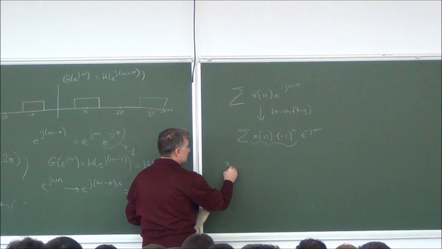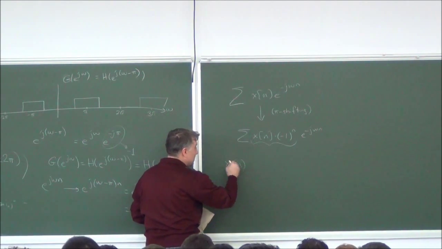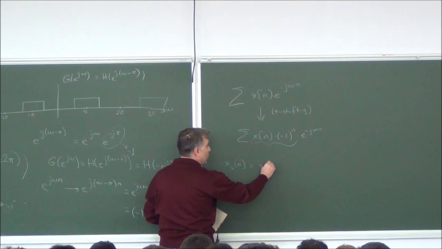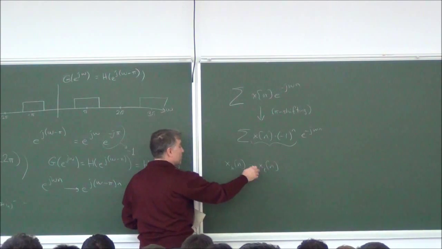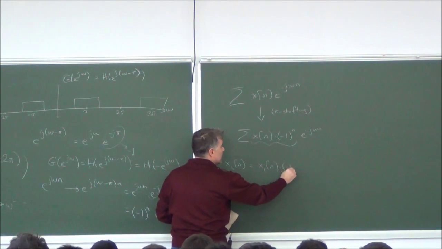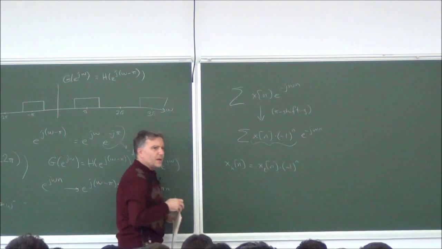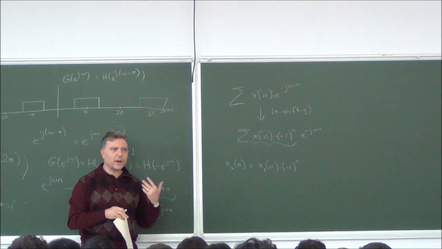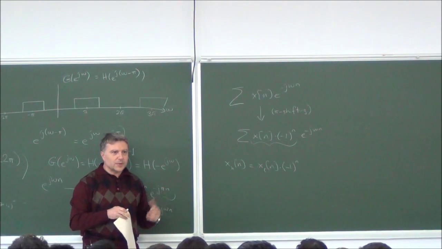So the high pass version of x is equal to the low pass version of x times minus 1 to the power n. What is minus 1 to the power n? It is either plus 1 or minus 1, alternating. So that's what you do.